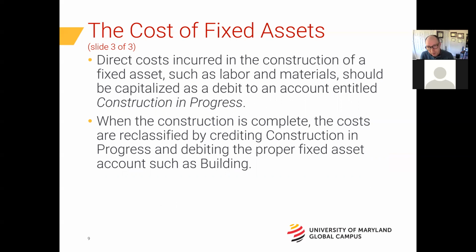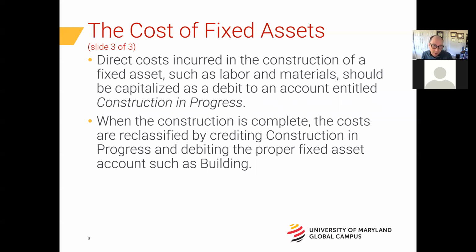The idea of a building is a little bit different. If the building already exists, you will not be using the construction in progress account. But if the company is building a building, the cost will be capitalized. And the way that we would do that is we would debit construction in progress, and we would credit the related costs.